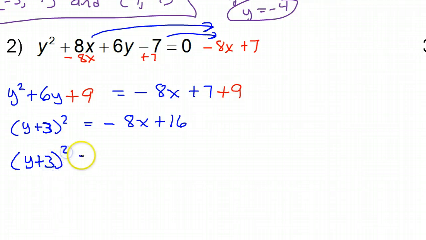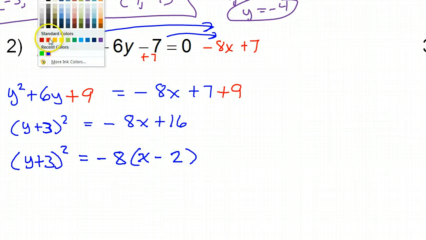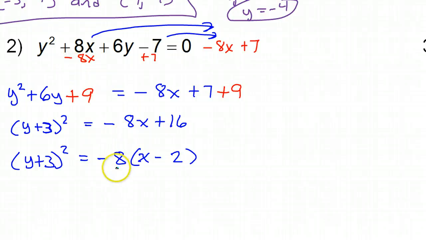And the way we can do that is by factoring out the negative 8. Let's bring that outside of parentheses. Now this is going to leave x minus 2 behind. If you had any question about that, understand that when you factor out a number, you are dividing. So what's really happening is I'm dividing by negative 8. And 16 divided by negative 8 is negative 2.